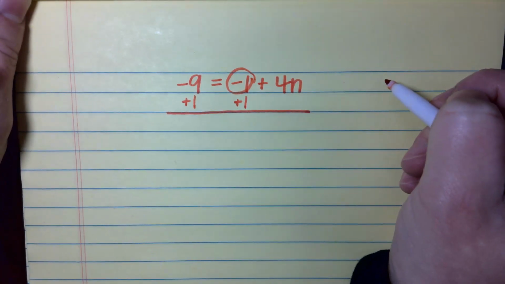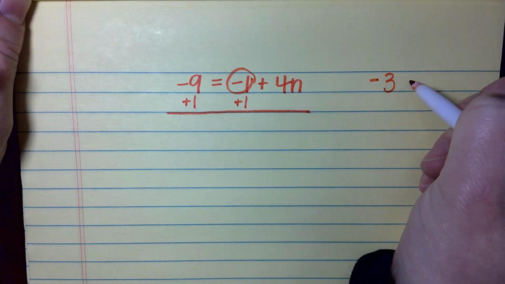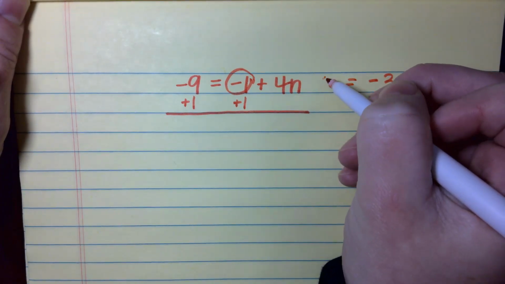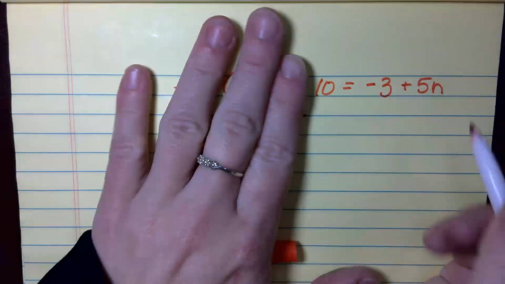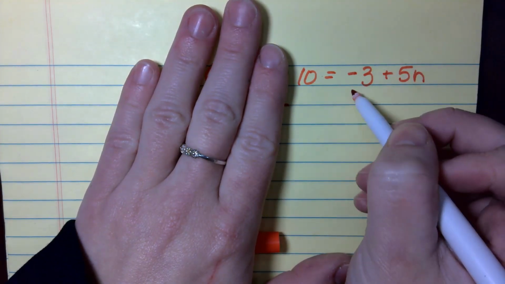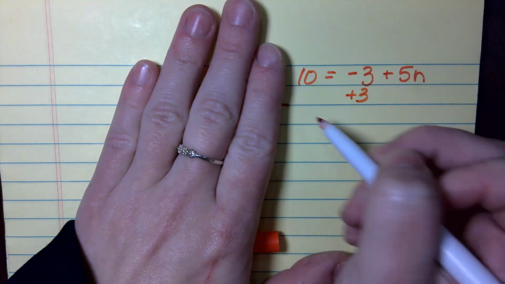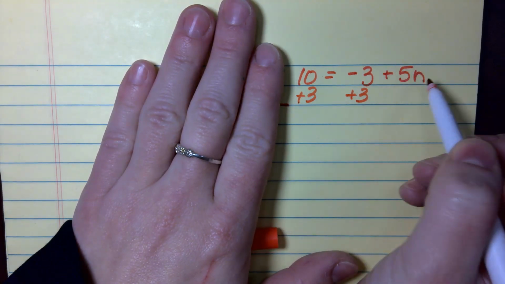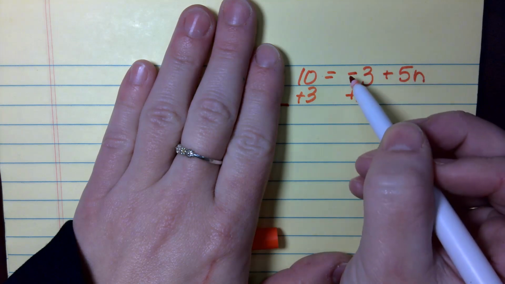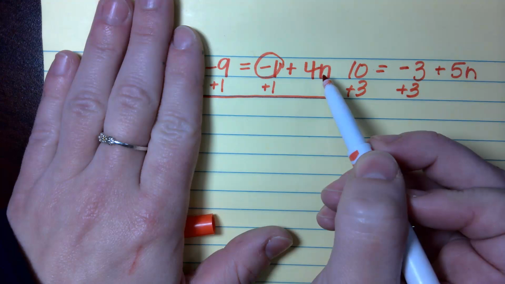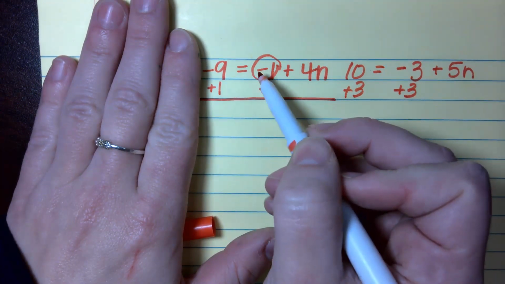Like if I had minus 3 plus 5n, it doesn't even matter what this number is, I'll put 10. What would I do to get rid of minus 3? I would add 3 to both sides, okay? So even though there's a plus here, that plus goes with the 5n. That negative goes with the 3. Just like the plus goes with the 4n, and that negative goes with the 1.